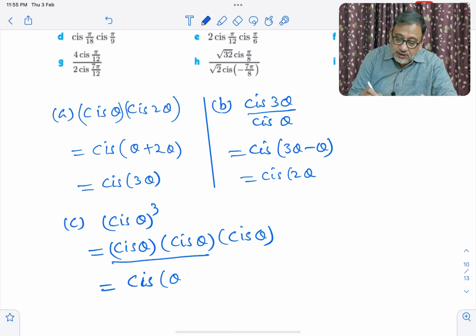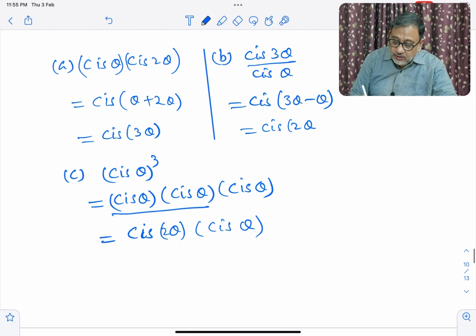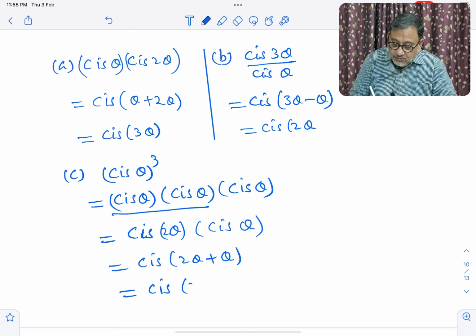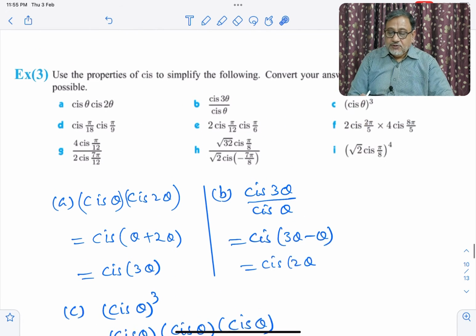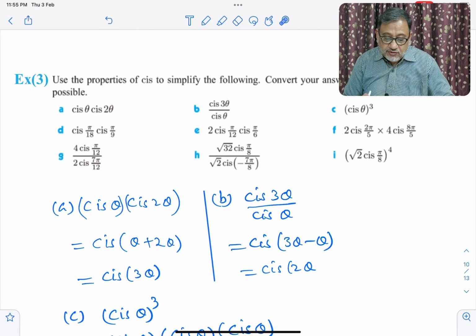These two together let us write cis 2 theta, and let us keep this as it is because we know about the two of them. Now again these are two of them, so cis 2 theta plus theta, which will become cis 3 theta. So look here, when there is power 3, it goes and gets multiplied to the angle, the argument. Okay, so remember this property of polar form.